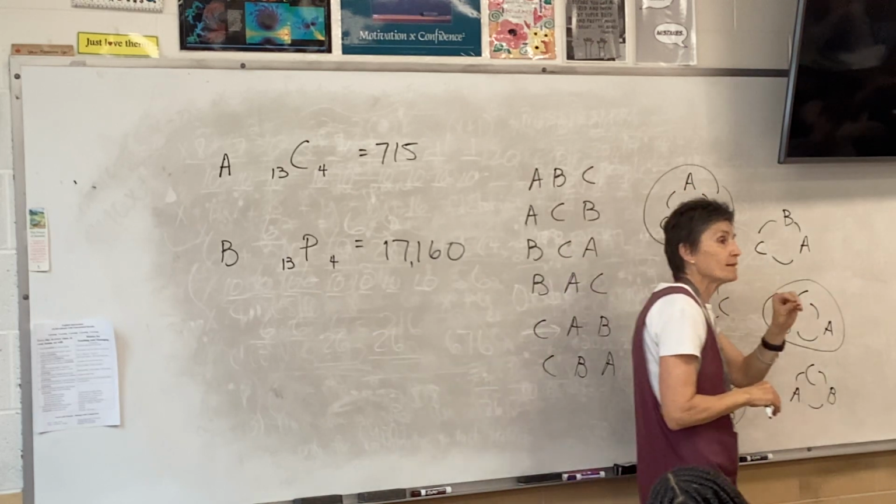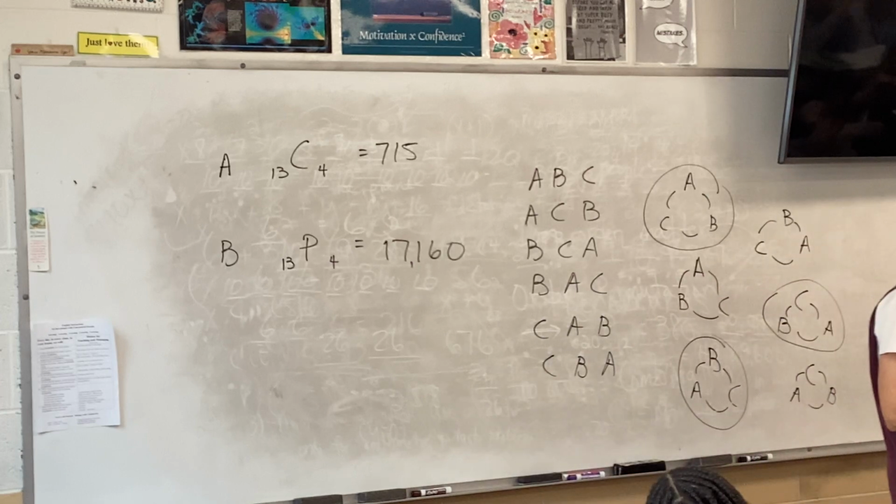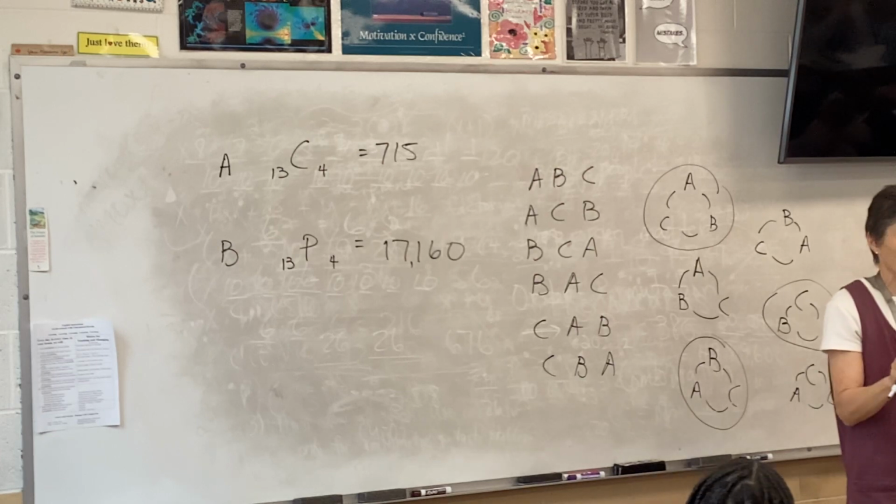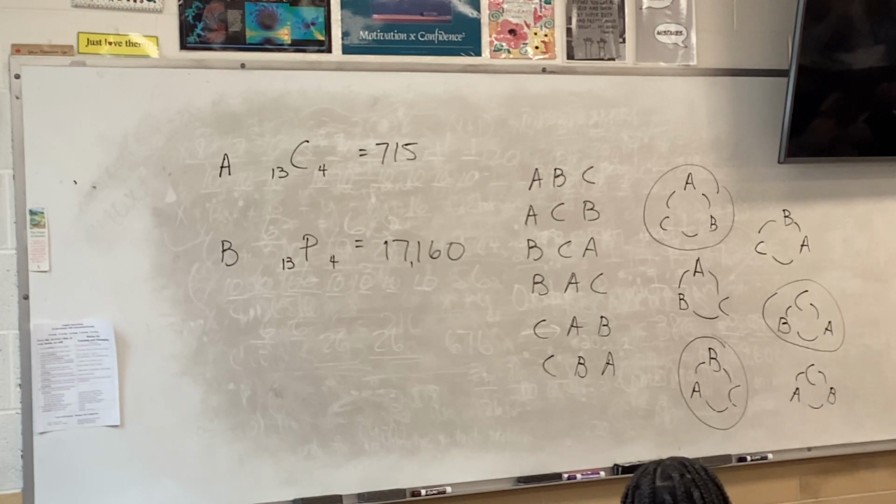When you put things in circles, since circles have no beginning and no end, there are fewer ways to arrange them because of the rotational aspect. Here's the general rule. If you're putting n things in a line, it's n factorial. If you're putting n things in a circle, it's n minus 1 factorial.